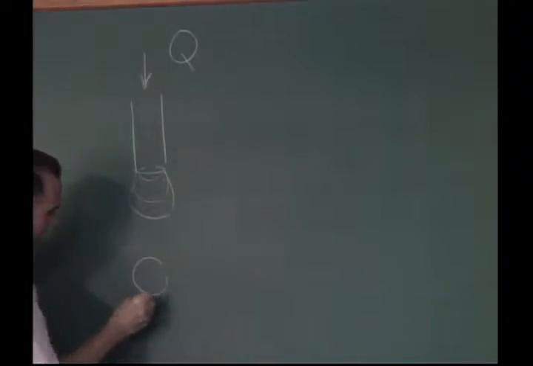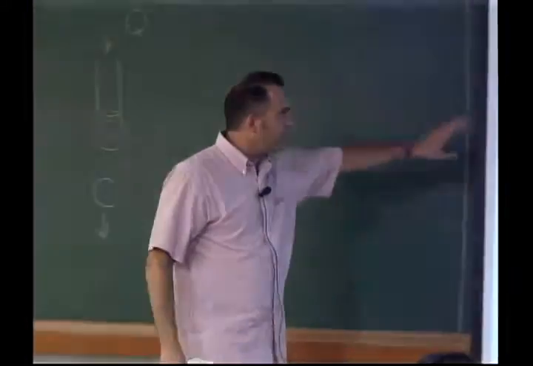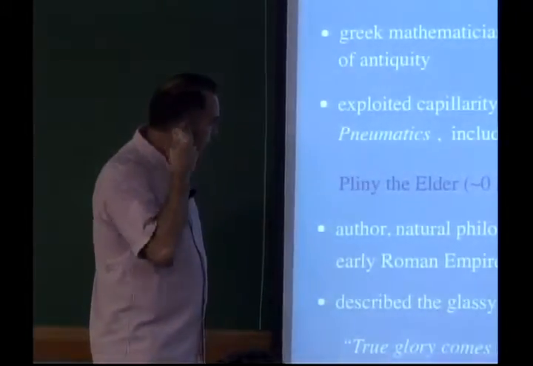Okay, so despite the fact that you have a continuous flow, you get discrete drops emerging, and this was the basis for the first clocks, which were developed by Hero.